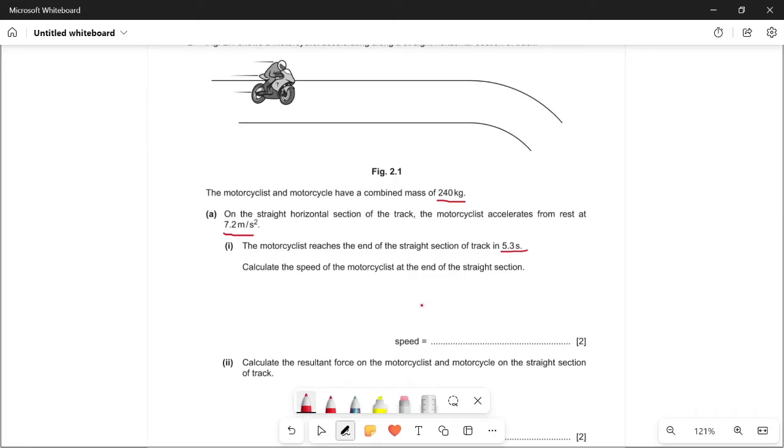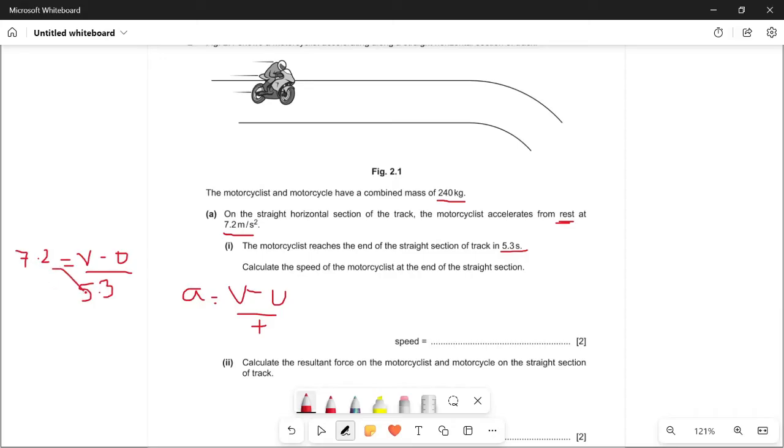So we know that acceleration is the final speed minus the initial speed over the time. We're given the acceleration, which is 7.2, and we're not given the final speed. That's what we're supposed to find. For the initial speed, we're told that it accelerates from rest, so the initial speed is going to be 0, minus 0 over the time, which is 5.3 seconds.